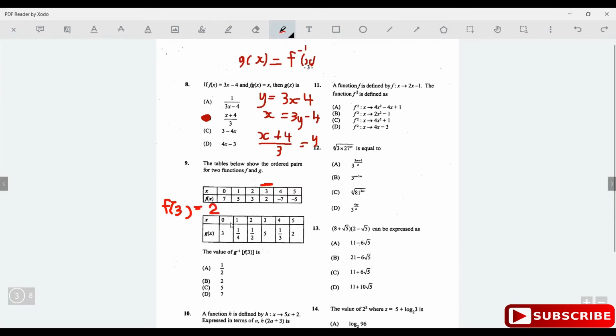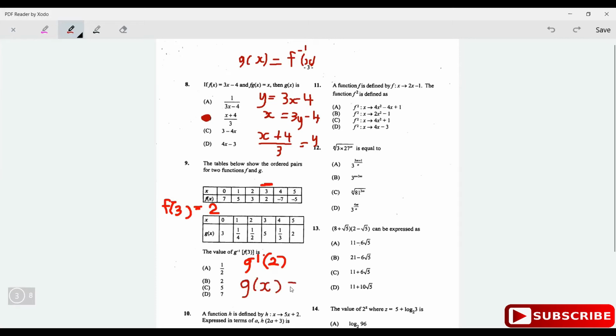All right, good. So now what this part wants is g inverse of 2. In other words, if you're trying to find g inverse of 2, then in translation, we're solving g of x equal to 2. When is g of x equal to 2?